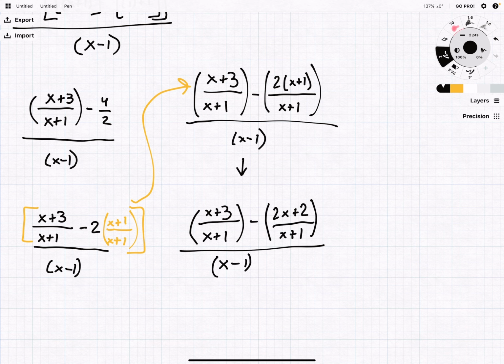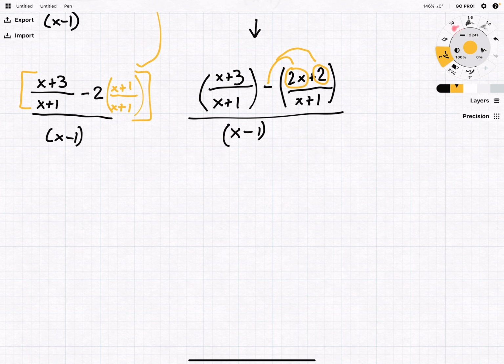Okay, now what we're going to do is we're going to distribute the negative sign to the 2x here and to this 2 here.